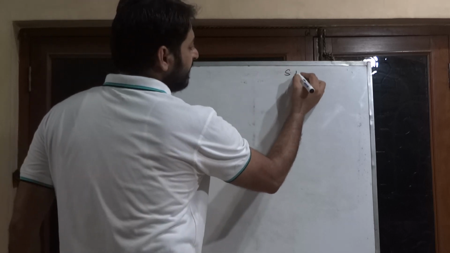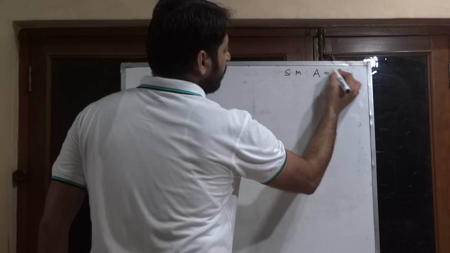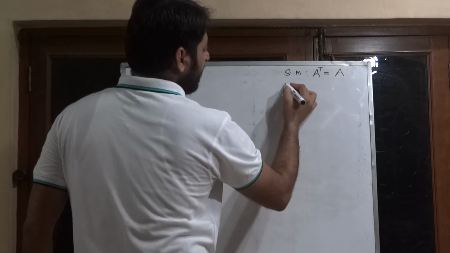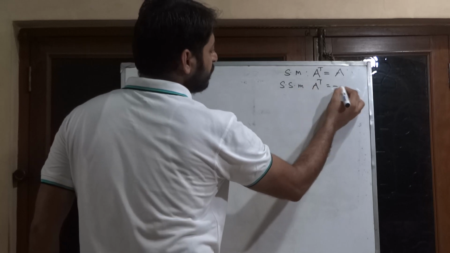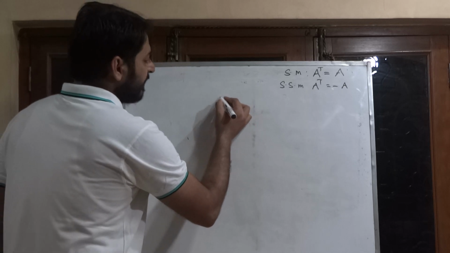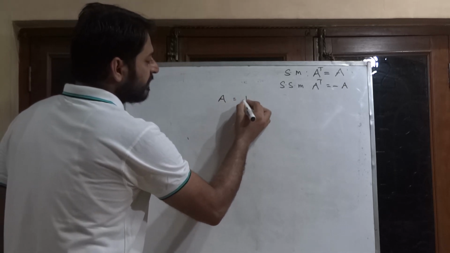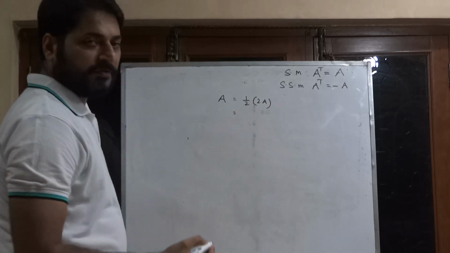A matrix is said to be a symmetric matrix when A transpose is equal to A, and is said to be a skew symmetric matrix when A transpose is equal to minus A. Now tell me, can I write A as half of 2A? Obviously.